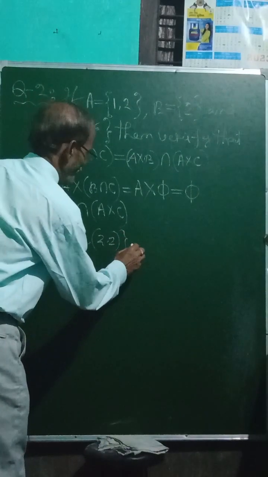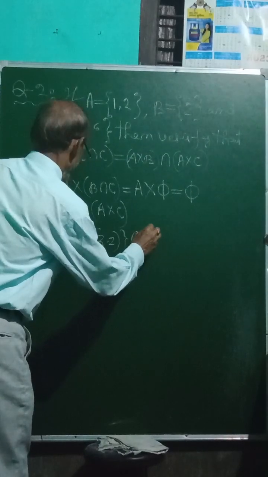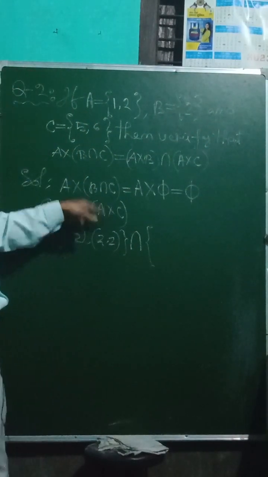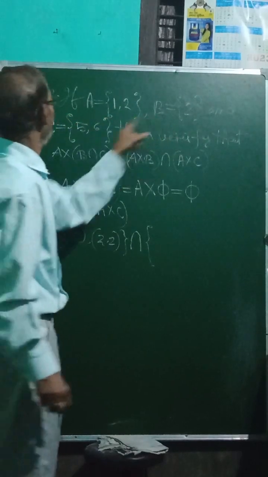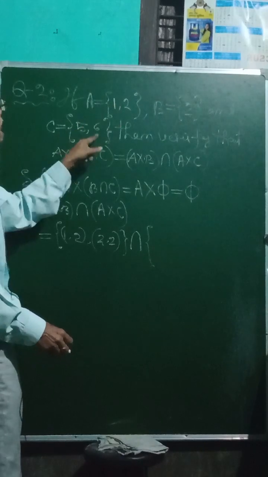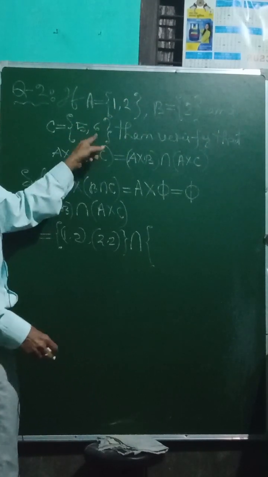And then the intersection with the set A cross C. A is {1, 2} and C is {5, 6}. So 1 will go to 5 and 1 will go to 6. Again 2 will go to 5 and 2 will go to 6.